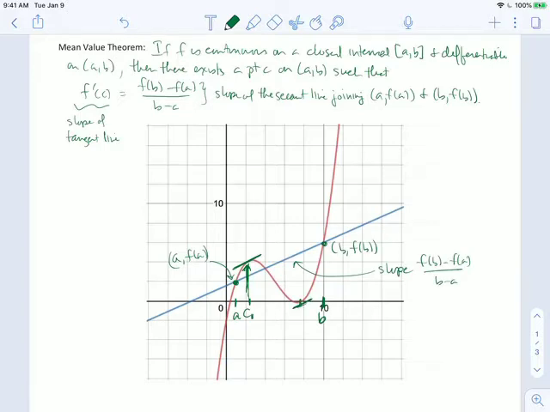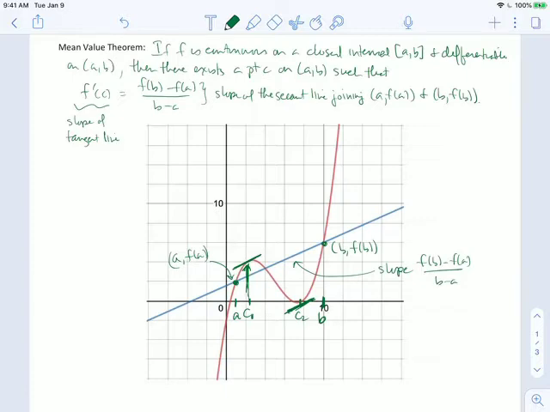So it looks like c2, another value of c, is right here. And so I've got these 2 points. In this particular case, we don't have to have 2, but there's at least one always, where the tangent line is going to be parallel to the secant line that runs between those 2 points. So that's what the mean value theorem is saying, and I hope this graph is helping to illustrate and communicate what the content of this result is.